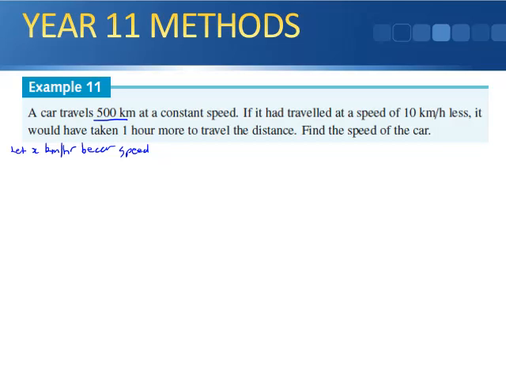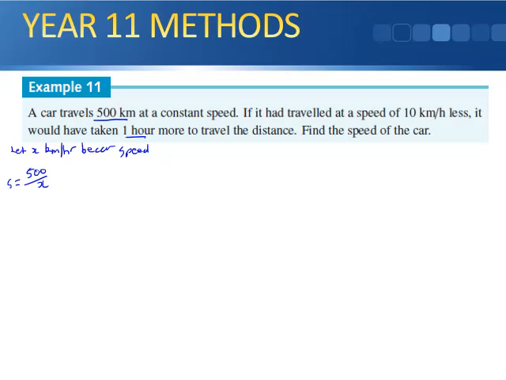Okay, so we know time, that's what we're talking about, 1 hour. We know the time is the distance divided by the speed, so we've got 500 divided by x. So there's my speed.